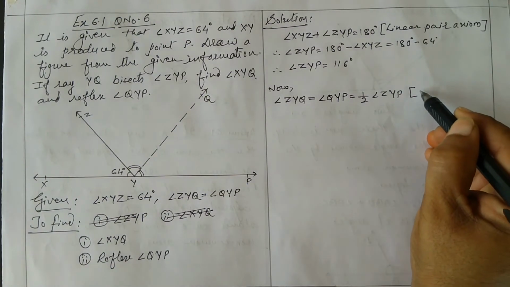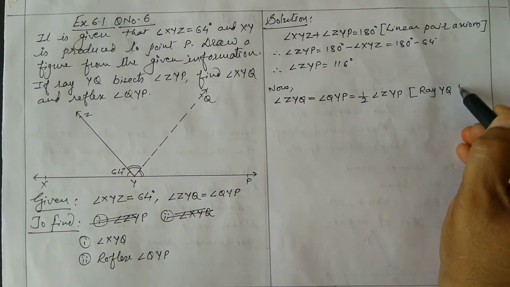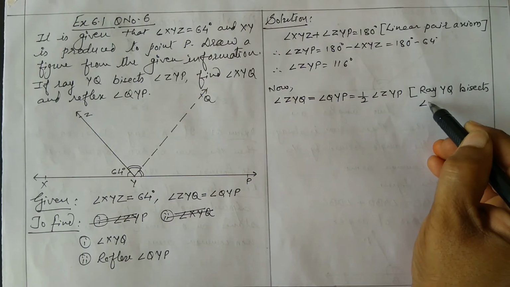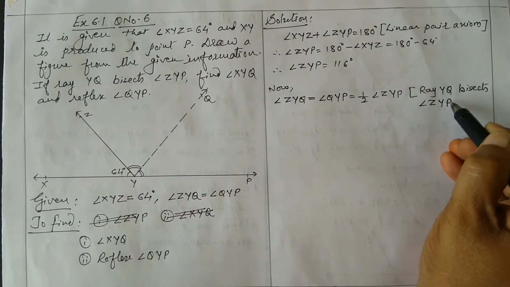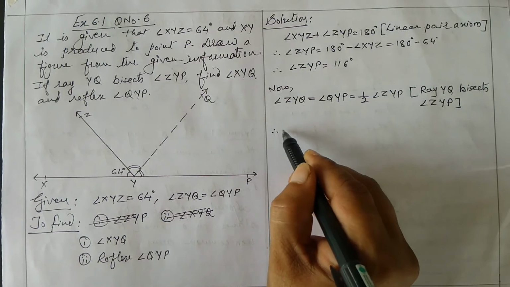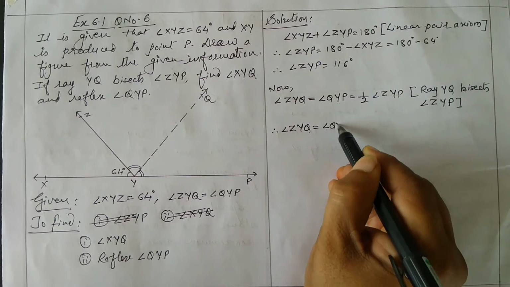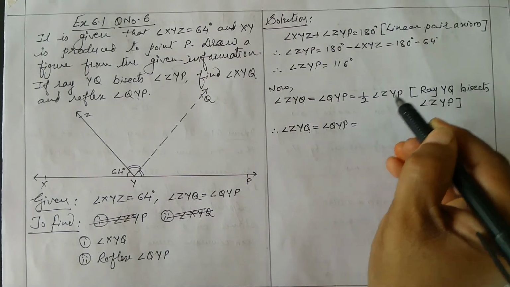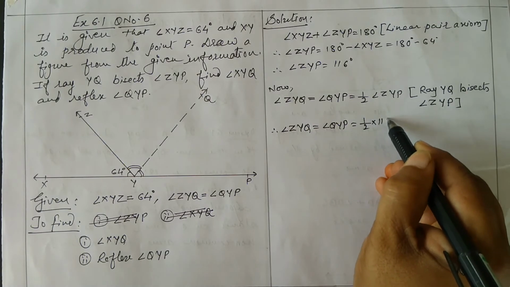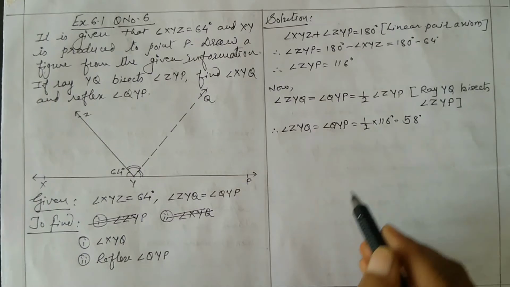You can write ray YQ bisects angle ZYP. That is the reason. So what is the measure? Therefore angle ZYQ is equal to QYP, and ZYP we have calculated as 116 degrees, so half of 116 is 58 degrees.